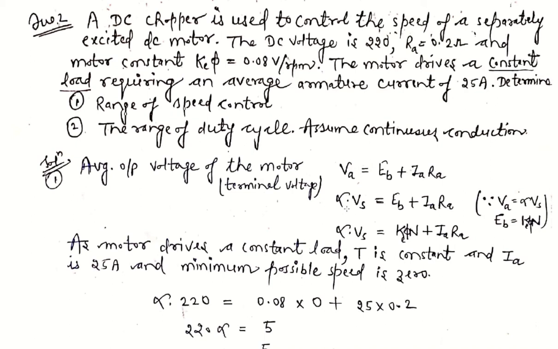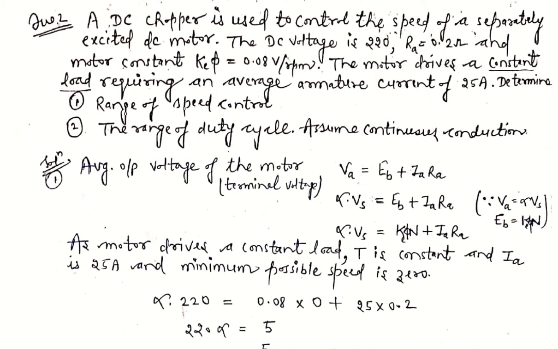So Va is equal to alpha Vs. Vs is the DC input voltage supplied to the chopper, and Va is the output voltage of the chopper.